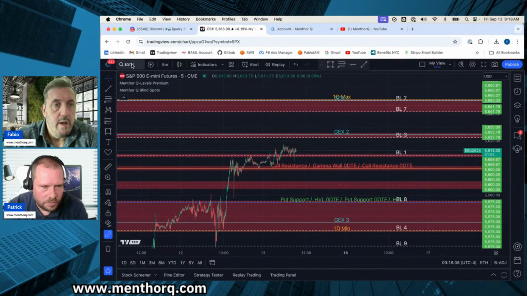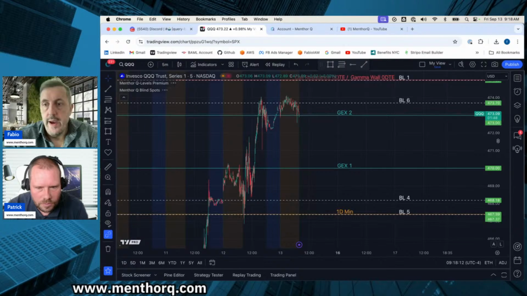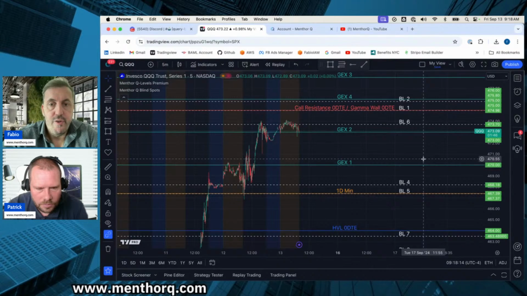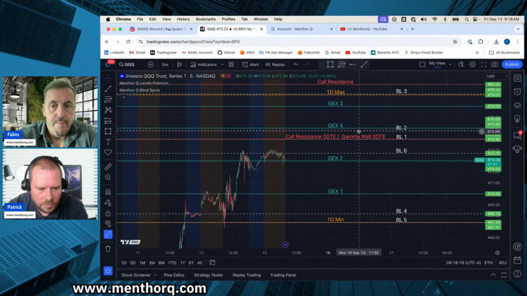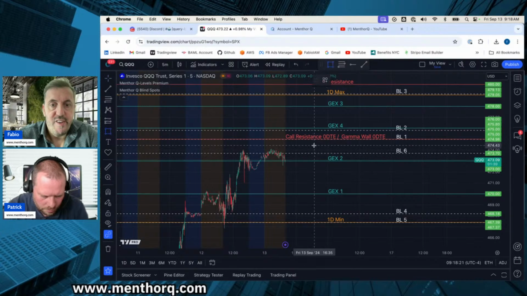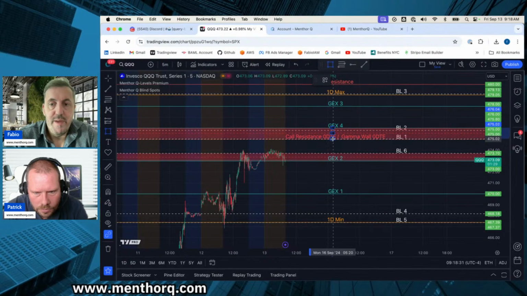And then let's go now to QQQ. We are looking at pre-market action. So here we have, again, our levels, so let's do the same exercise. We have this area right here as we are getting into the open. We have our core resistance, GEX4, and then we have two blind spots, BL1, BL2.